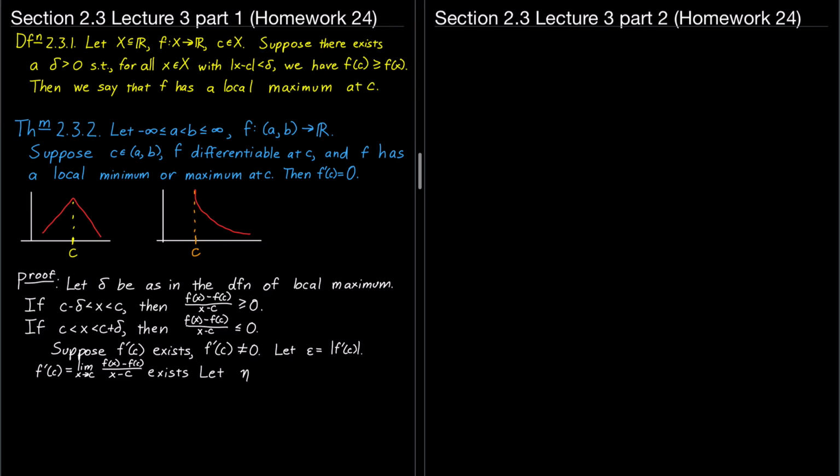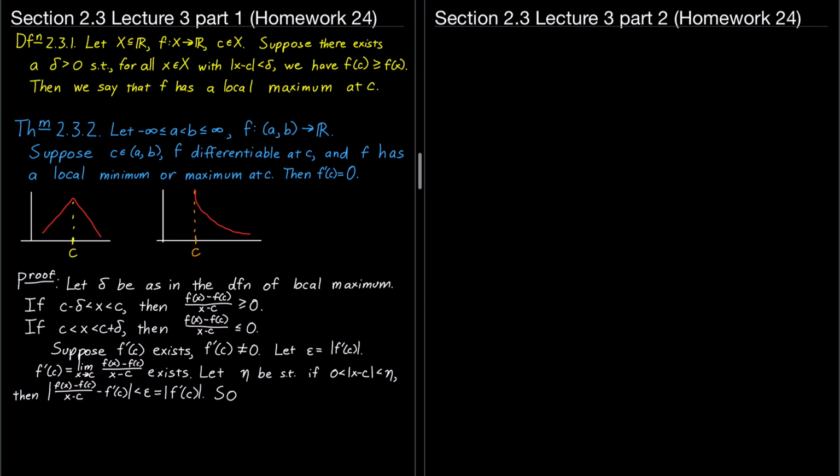Let's let eta be such that if 0 is less than |x minus c| is less than eta, then we've got f of x minus f of c over x minus c minus f prime of c is less than epsilon. But you remember what we said epsilon was.